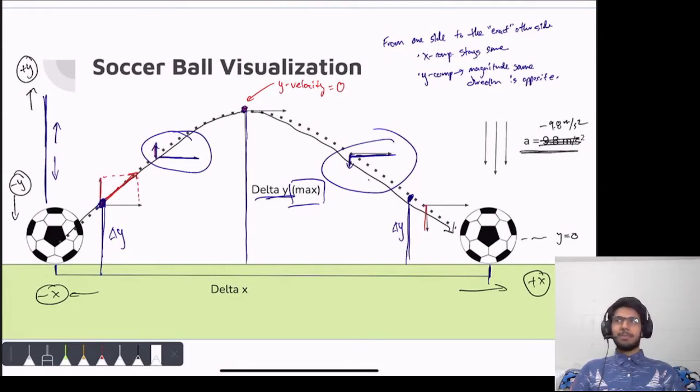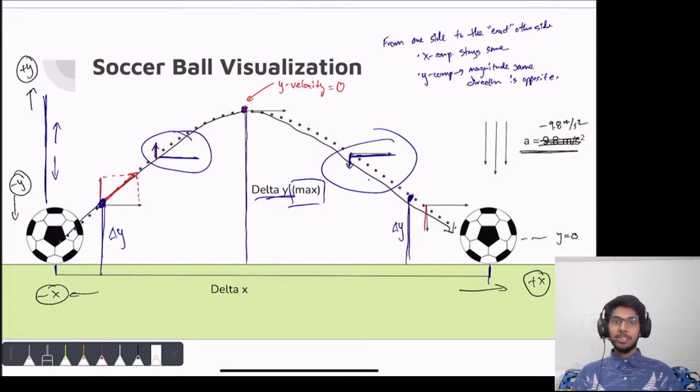So, if we were to summarize what we've learned from this visualization, a couple of things. The path of travel is symmetric from the start to the finish. It's symmetric about the line of delta y max, meaning from the ground to the peak of the curve. At the peak of the curve, the y velocity is 0.